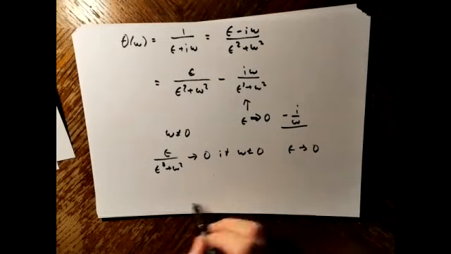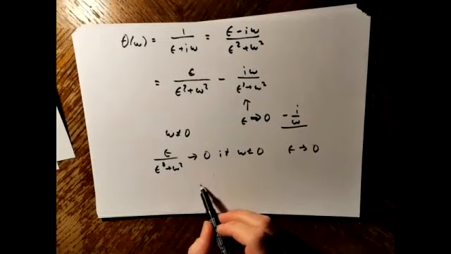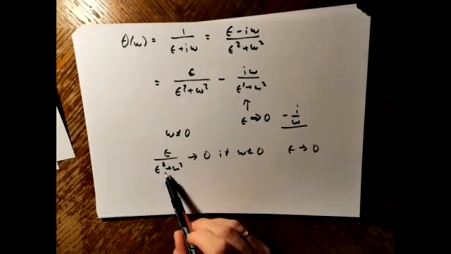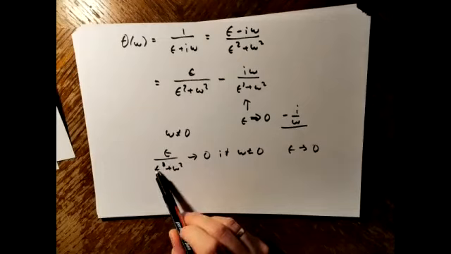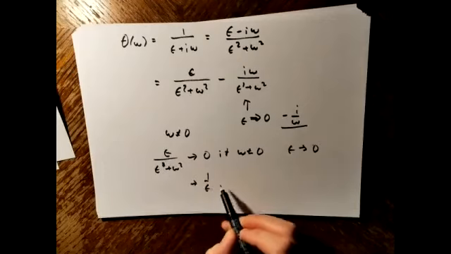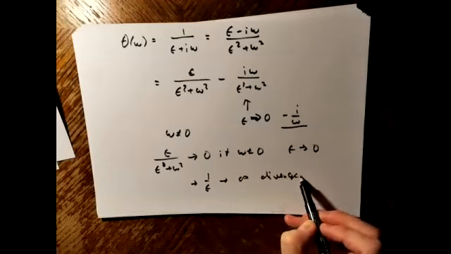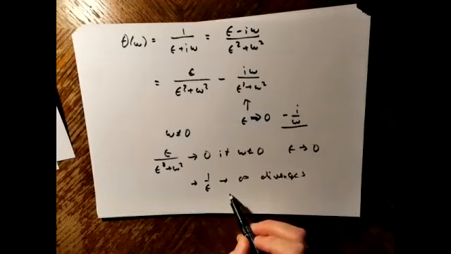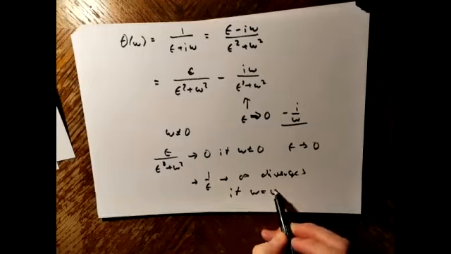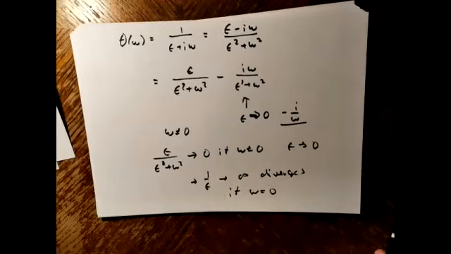However, if omega is 0, then what happens? If omega is 0, then I'm getting 1 over epsilon. So this actually diverges in that case. So if omega is 0, then we get a divergence.